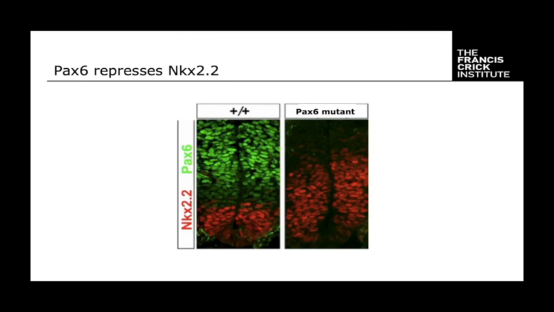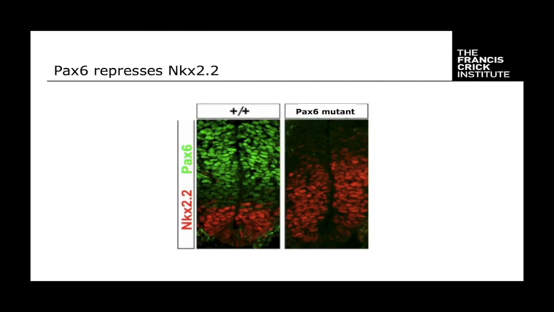So here we're looking at mouse embryos and two genes: NKX2.2, that high response gene, which you can see is expressed in the ventral neural tube, and its expression is mutually exclusive with this green gene, PAX6, which is expressed throughout the rest of the neural tube. If we look in a mutant mouse lacking PAX6, then obviously there's no PAX6 protein.